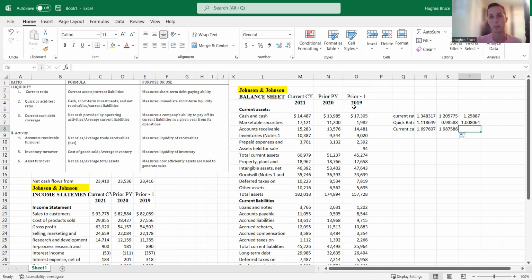I can't do it for 2019 because I would need 2018's numbers, which I don't have on here, to produce the average current liabilities, but that is how you would do that ratio.